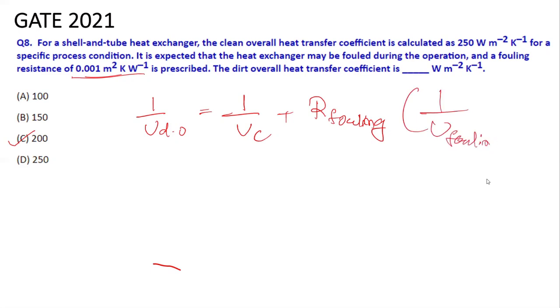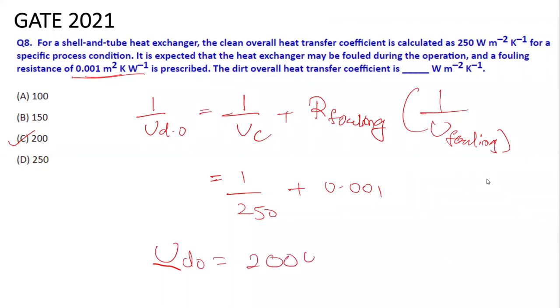So this will be equal to 1 by 250 plus 0.001. You take the inverse of it and U_D comes out to be 200. I hope everyone has got it. Now let's move to the next problem.